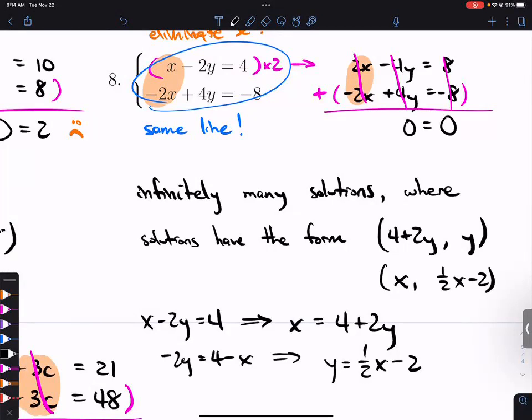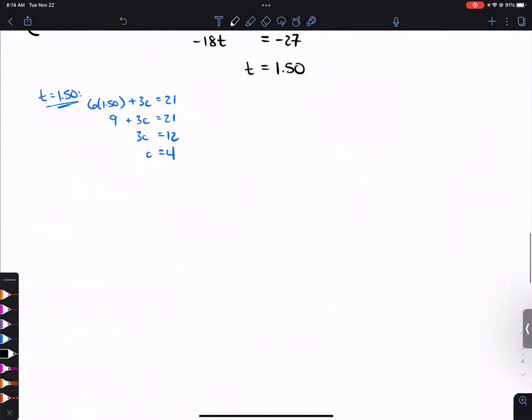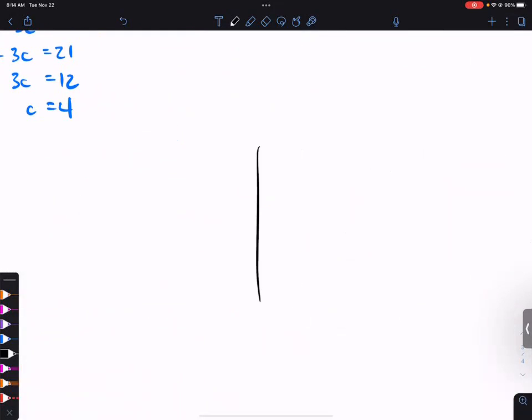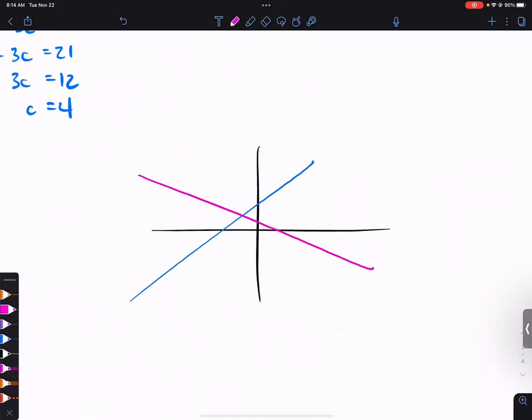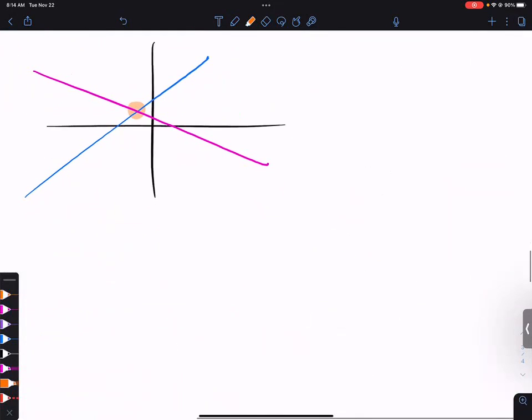Okay, so those are kind of the two sort of weird cases for linear stuff, right? You either get two lines that don't have anything to do with each other and intersect once, and that one intersection is the one point that they have in common. That's the one XY pair that solves the system. So that's what we expect for a typical problem to look like.